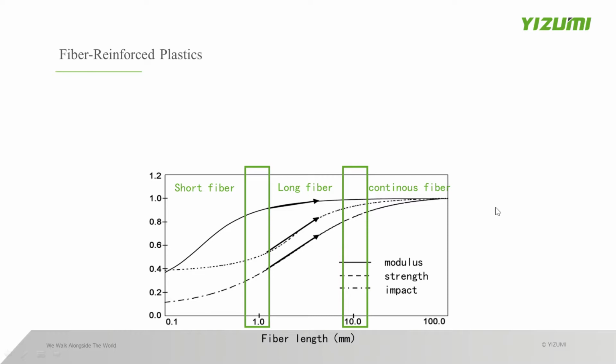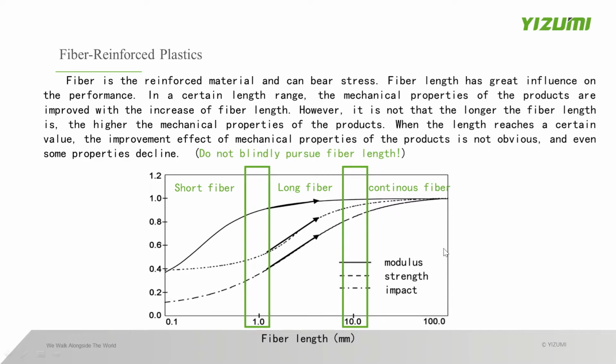So what we can get from these curves or graphs, I show here: fiber reinforces materials and can bear stress. It's very obvious. So you can follow the curves increasing here, modulus, stress and the impacts. And also fiber length has great influence on the performance.